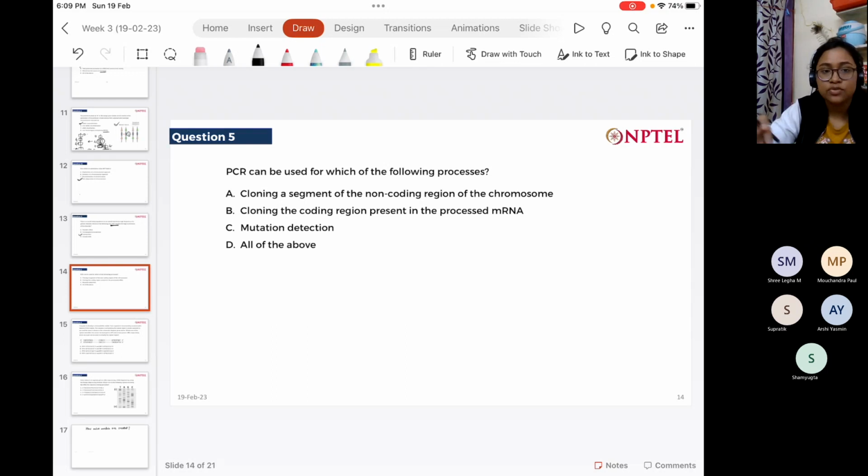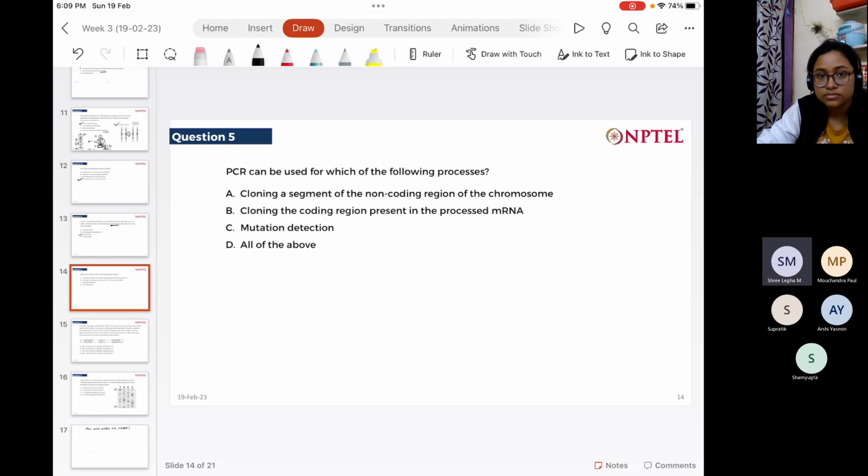So you have to guess for which of the following options PCR can be used. What do you guys think? Shri, would you like to answer this question?